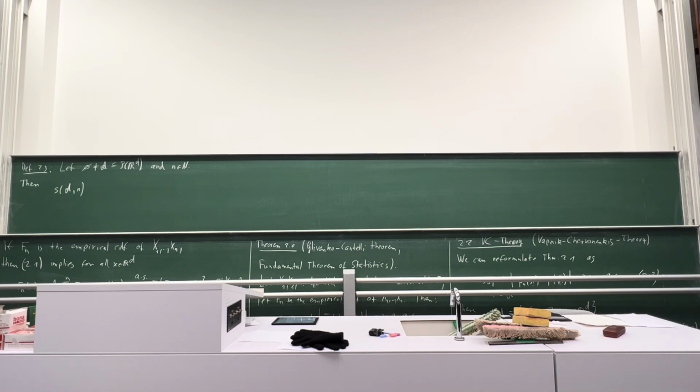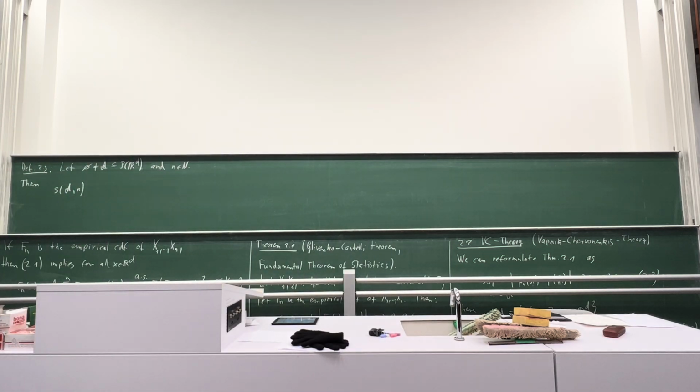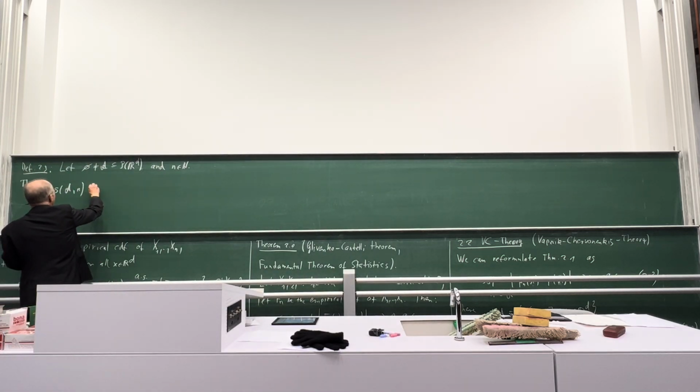So I give you x1 to xn, and there are at most 2 to the power n subsets of this set. And how many of them can I write in the form of this whole set, x1 to xn, intersected with some set A of capital A? And the maximal such number is the nth shadow coefficient.